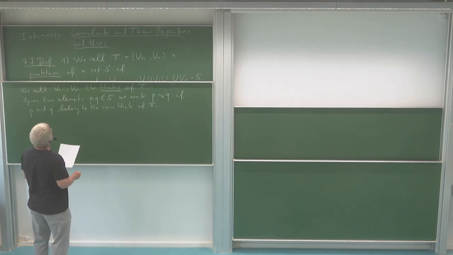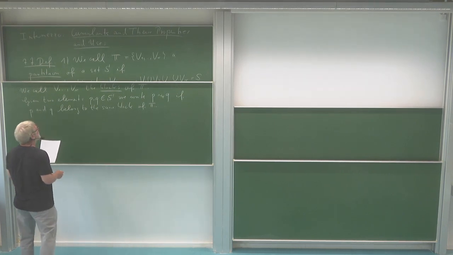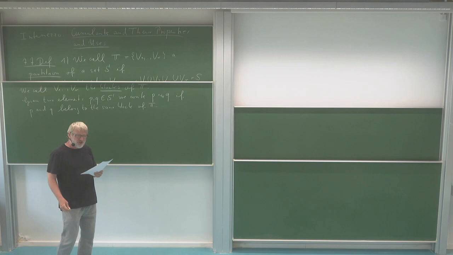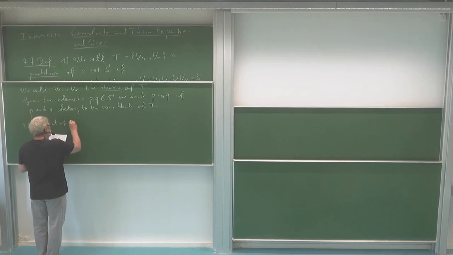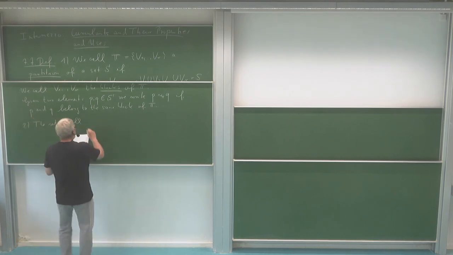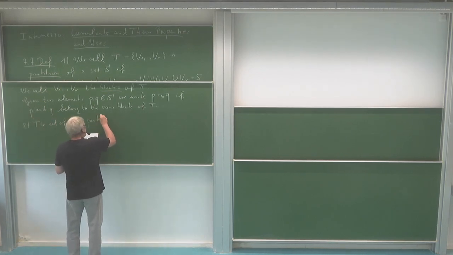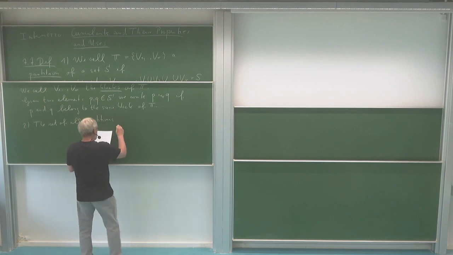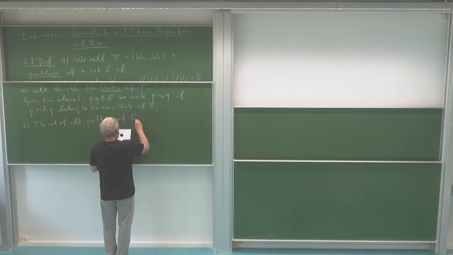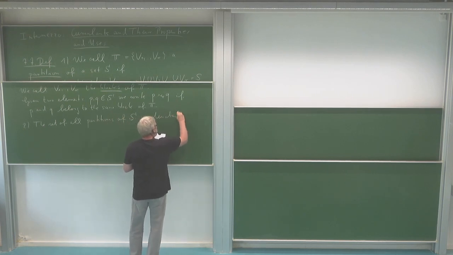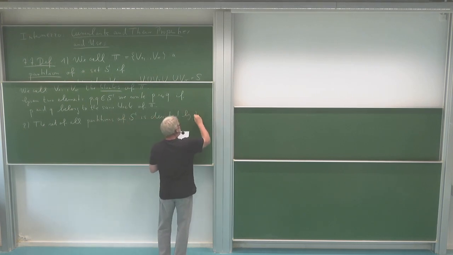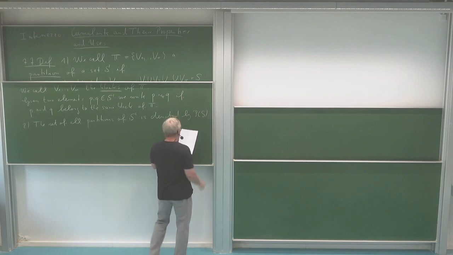Good. Okay, then maybe I use the notation: I'm looking at all partitions of a given set, and I call this P of S. So the set of all partitions of S is denoted by P of S, P for partitions.